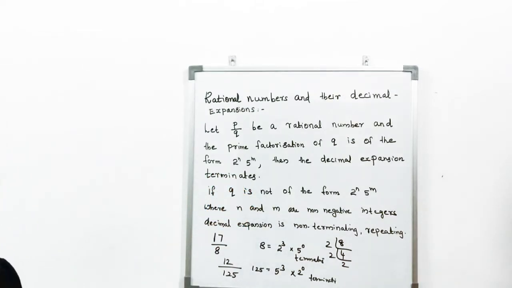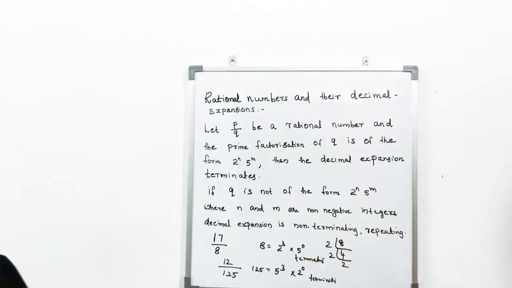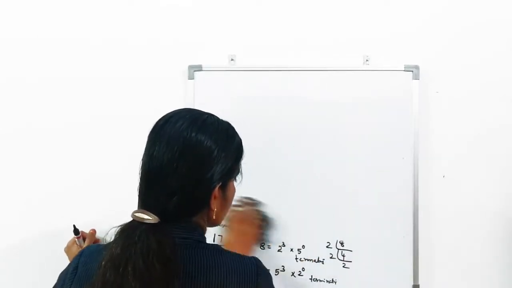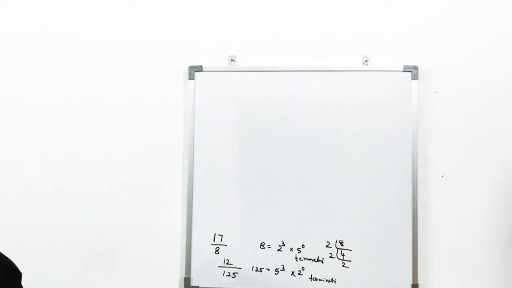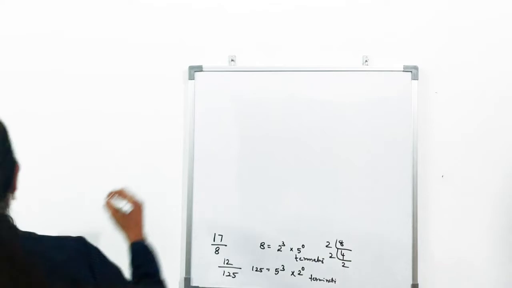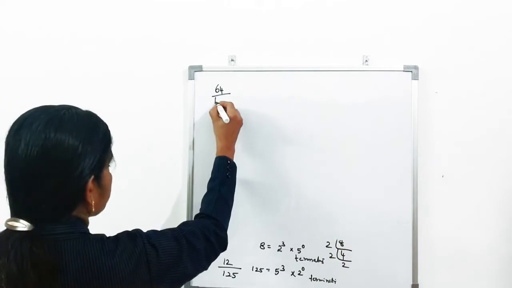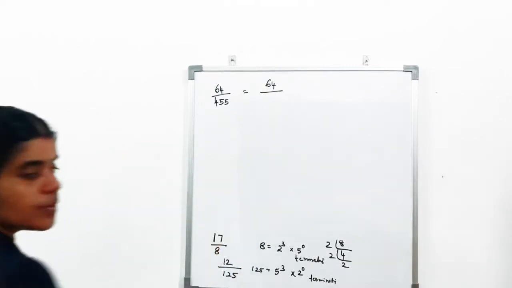Other than 2 and 5, if you are getting any number, then in that case the decimal expansion is non-terminating and repeating. I will show one more example. Just listen. 64 by 455. Then you want to find the factors of 455.